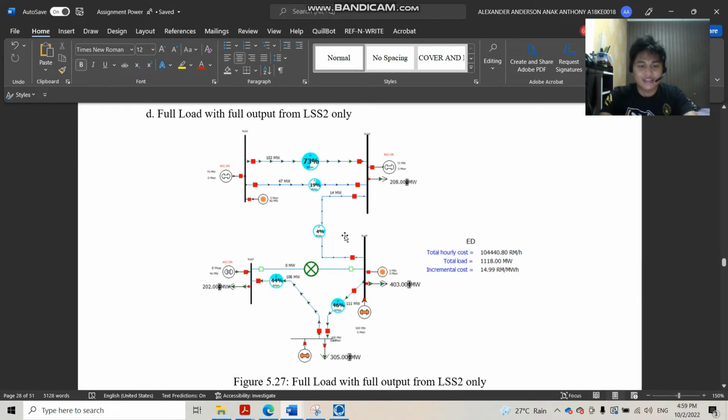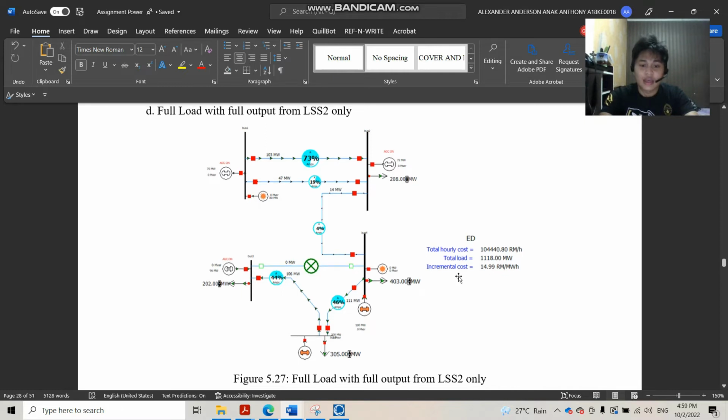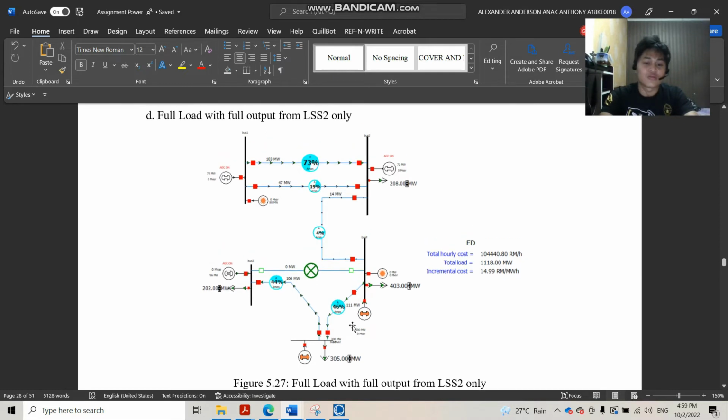As you can see here, for LSS2 we put 80 megawatt and LSS1 is 0, because it's full output from LSS2 only. We do not include the generator at this side.